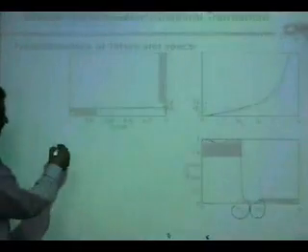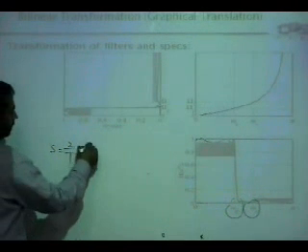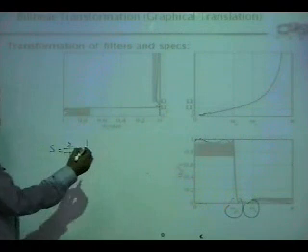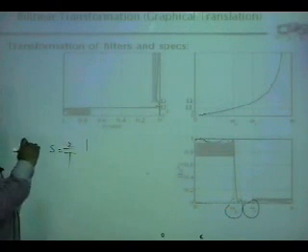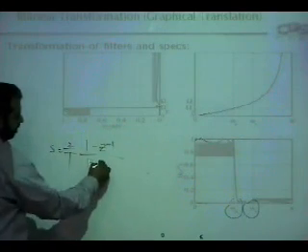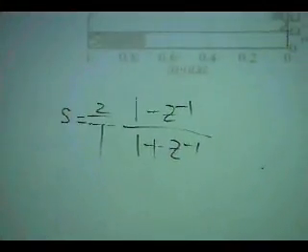Number one, all you have to know is that every S is to be replaced by 2 by capital T times (1 minus Z inverse) over (1 plus Z inverse). Okay, perhaps. So this is all you need to know, that every S, go and replace it by this.